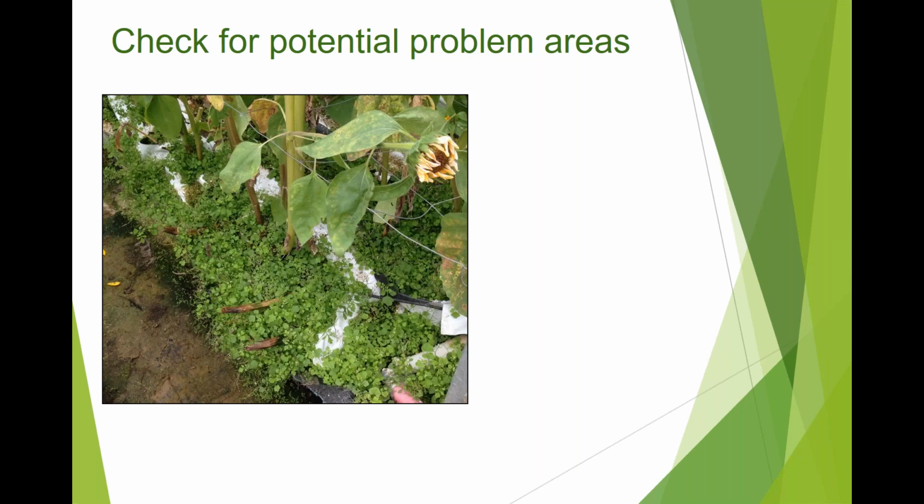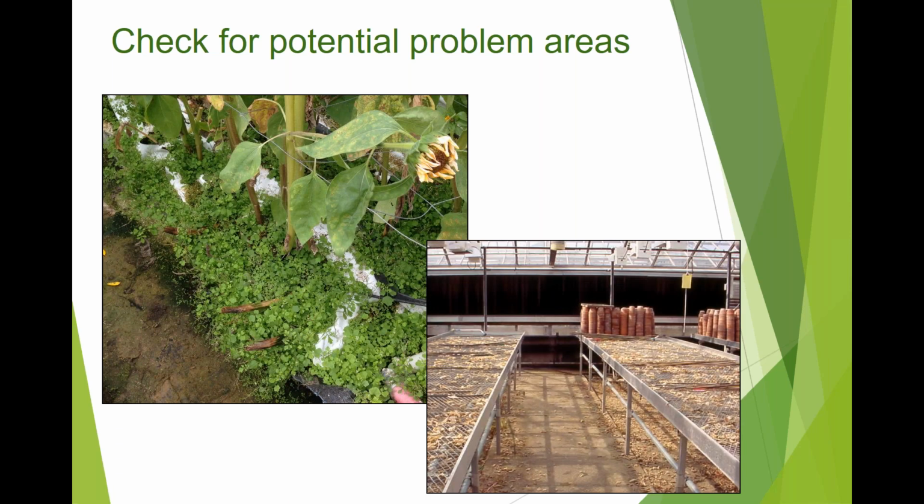A good thing to do is to check for some potential problem areas in the greenhouse when you start seeing symptoms in your crop. Look for weeds, because we know that weeds can harbor insect pests as well as some of the plant pathogens. Are there dirty areas in the greenhouse? Leaving plant debris behind, again, encourages pests and diseases to continue from crop to crop.